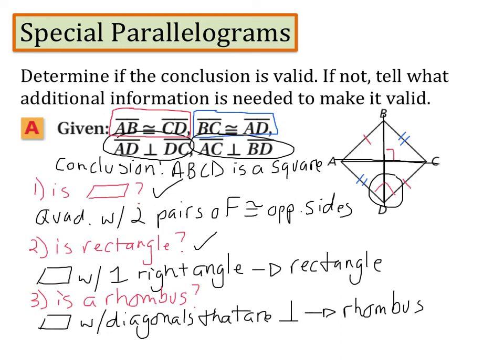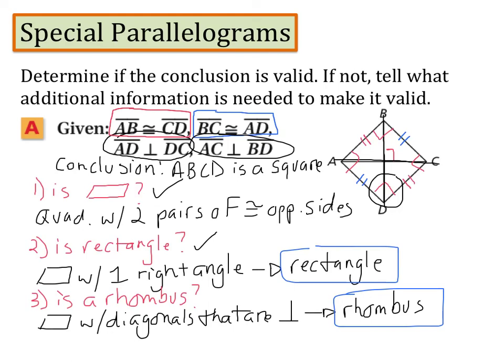Okay, let's think about what these three conclusions mean. If we have a rectangle, that means that all of the angles are right angles. Now if we have a rhombus, that means that all the sides are congruent, so all four sides are congruent.